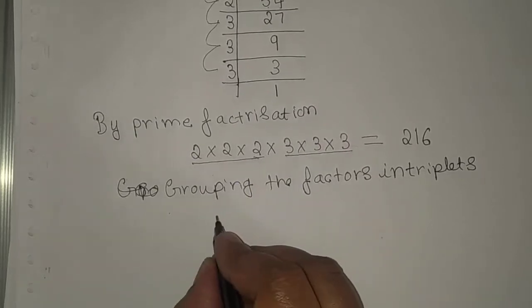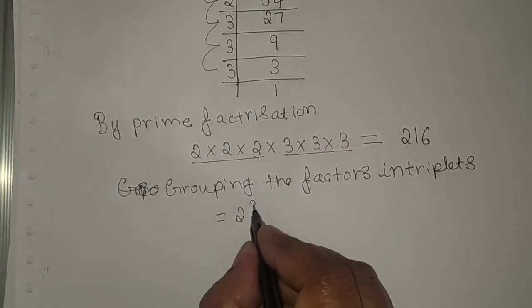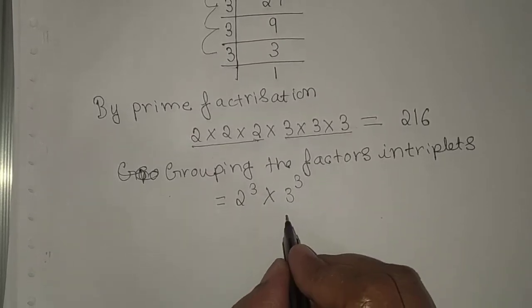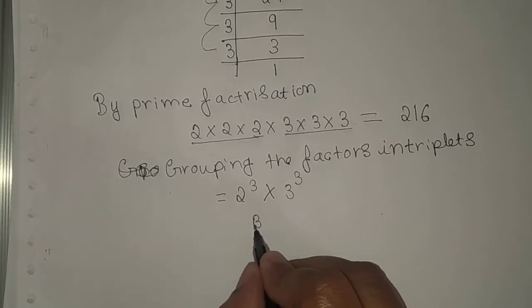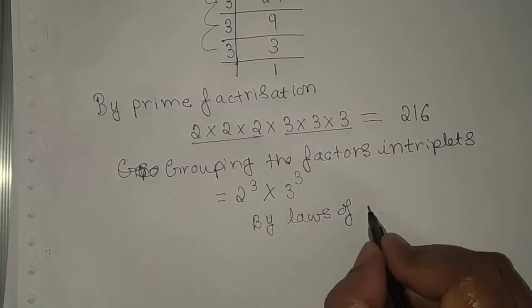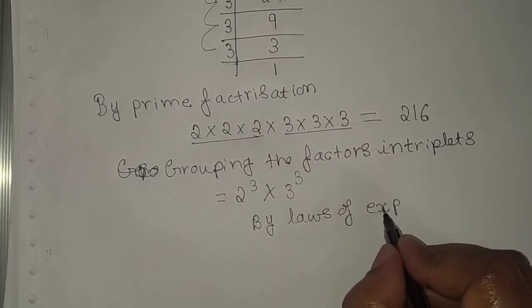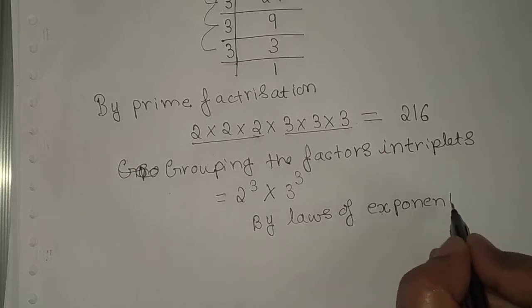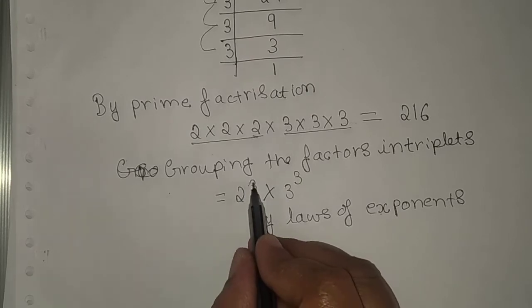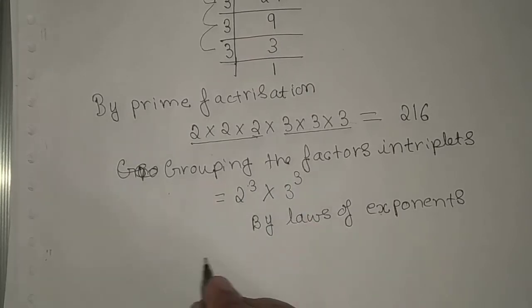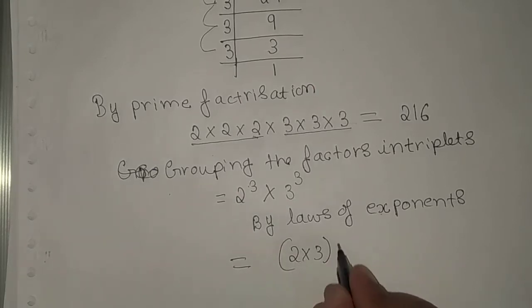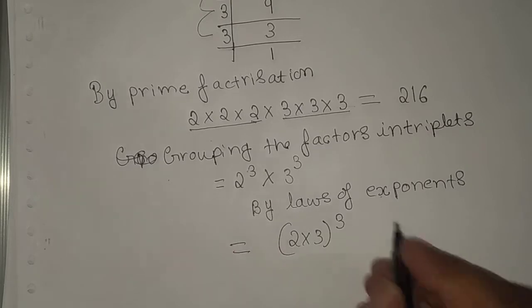So how much are we getting? This is 2 cube, and into how much? That is 3 cube. So we have the laws of exponents. What the law says, the common power is 3, so we have to take like this, 2 into 3, the power is common to both, so 1 power we have to take.